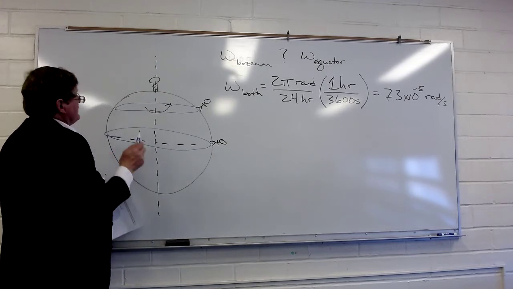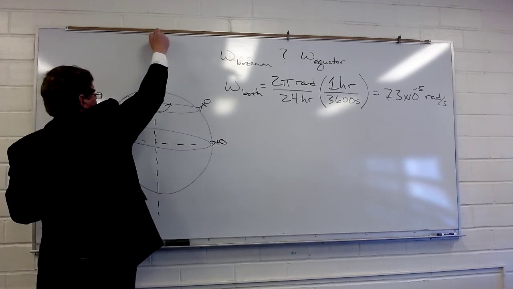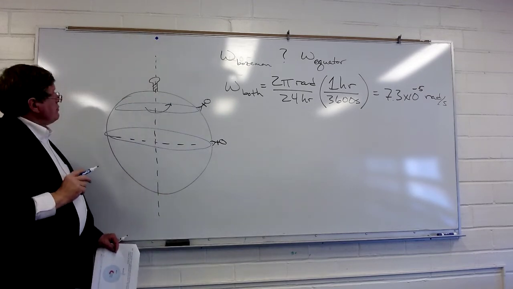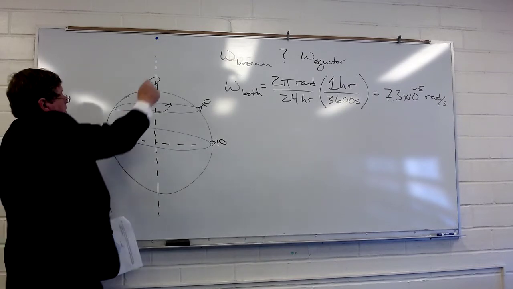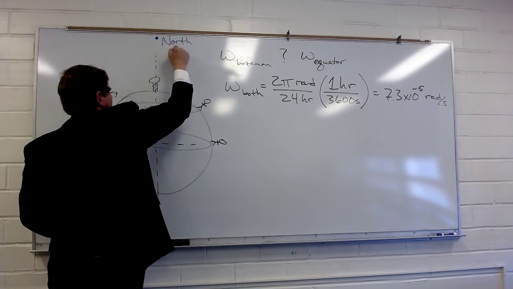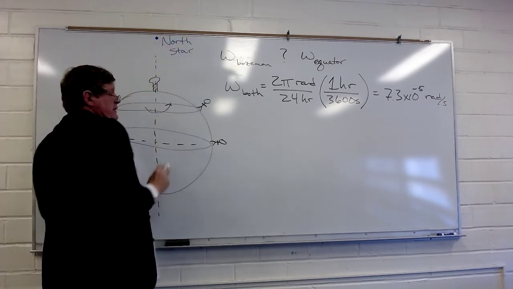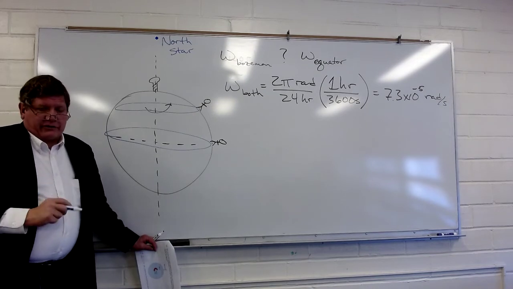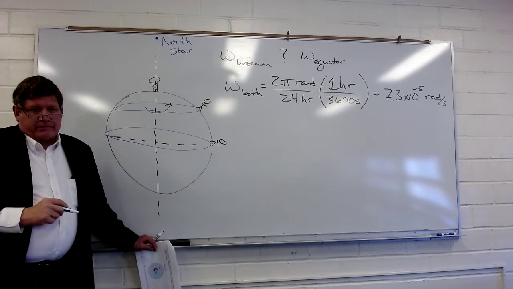The other way I could answer this is that the axis of rotation points towards what we call the North Star. And so we could say that the omega vector for the Earth's rotation points towards the North Star.